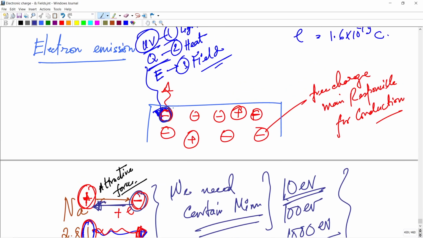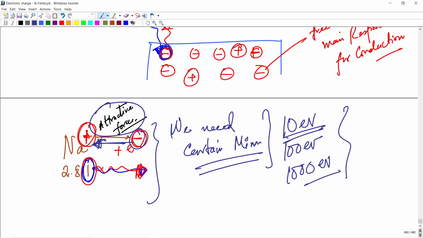Then the electron overcomes the attractive force. The electron gains some energy, some kinetic energy, and with that kinetic energy it moves faster, overcomes the attractive force, and is finally released from the metal surface and moves in another direction. There is a certain minimum amount of energy required for an electron or free charge to escape from the metal surface.